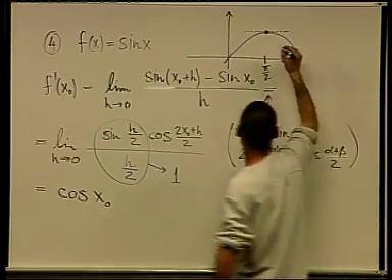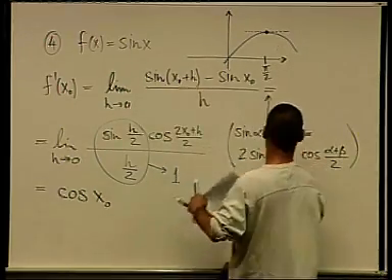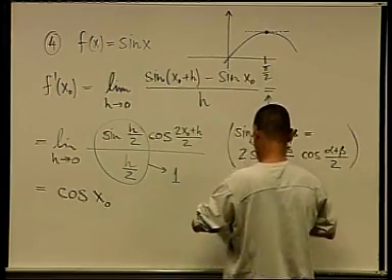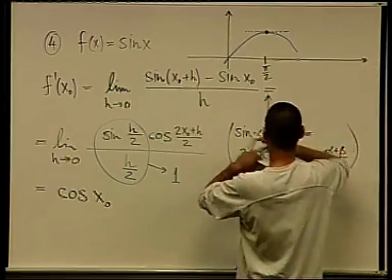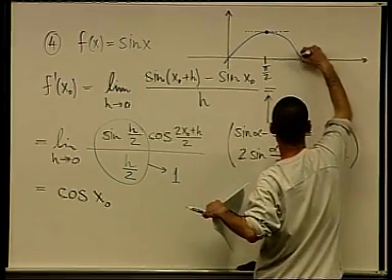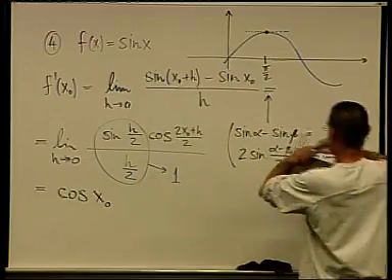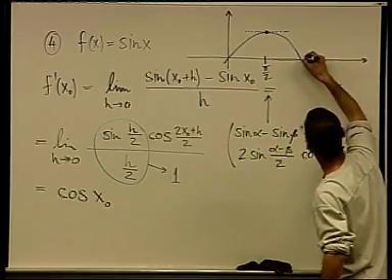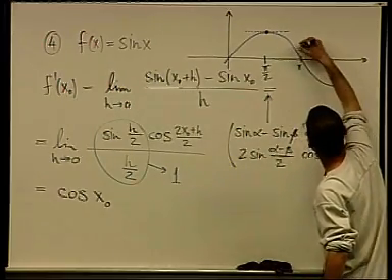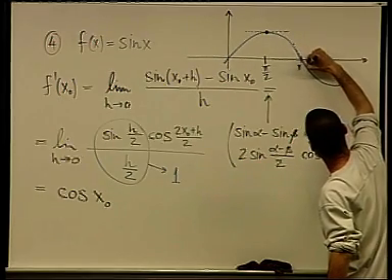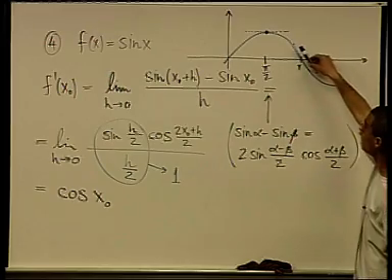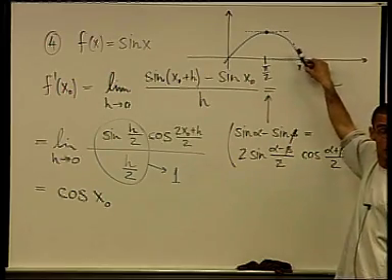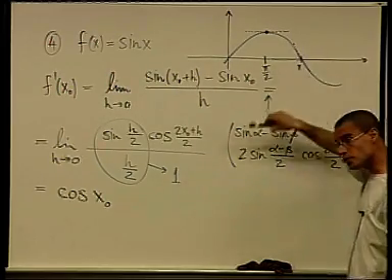What's the slope of the tangent line, let's say at pi? So this is pi, and here's the tangent line. What's the slope? -1, which is precisely cosine of pi.